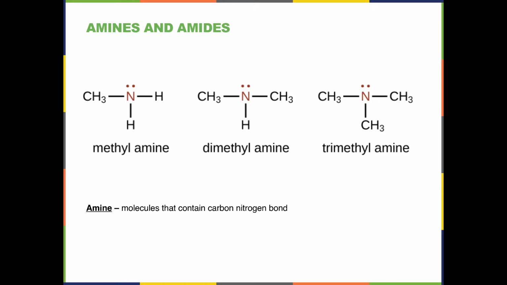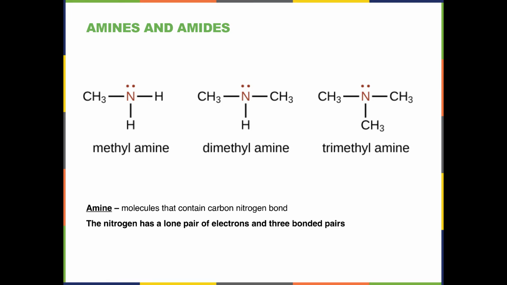Now, amines and amides are shown right here. An amine is a molecule that has a nitrogen in the molecule somewhere. So you have a nitrogen either on the end, and this is methylamine. You have a single methyl group on the nitrogen. You have two here. This is dimethylamine and trimethylamine.